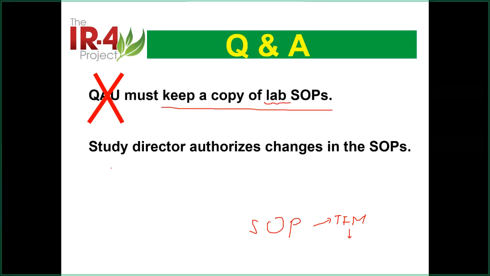So basically, the study director does not have any authority to sign an SOP unless the big boss assigns a person, because the boss says, I'm busy, I don't have time, I give you the right to sign. That's fine, as long as this person is not QA. So the answer is wrong. The study director does not have the authority to sign any change on the SOP. He can change the protocol, which is above the SOP, but he cannot change the lab practice.